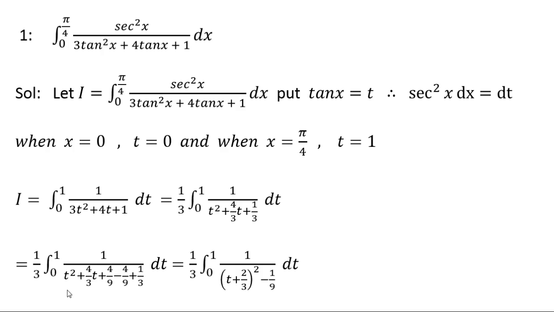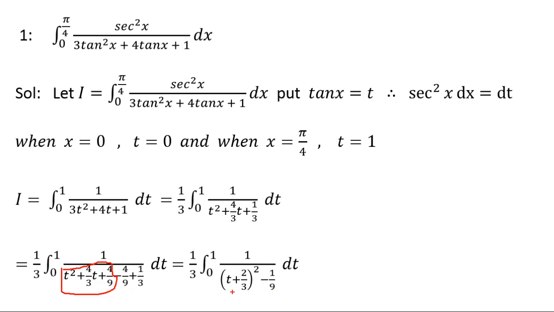So I will add and subtract that 4 by 9. 4 by 9 ही टर्म मी ॲड आणि सबट्रॅक्ट केलेली आहे. मग हे जे एक्सप्रेशन आहे ते होतं कम्प्लीट क्वाड्रेटिक पूर्ण वर्ग. It is square of t plus 2/3, and this minus 4/9 plus 1/3 becomes minus 1/9. Their sum is minus 1/9.